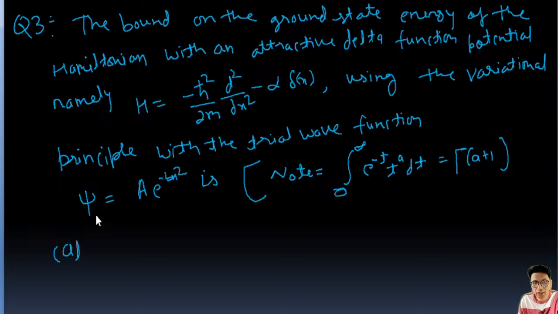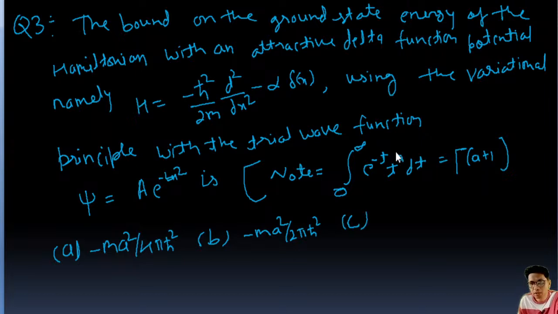Option A is minus m alpha square upon 4 pi h cut square. Option B is minus m alpha square upon 2 pi h cut square.